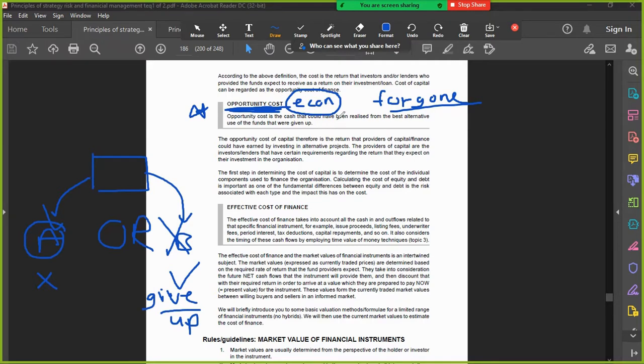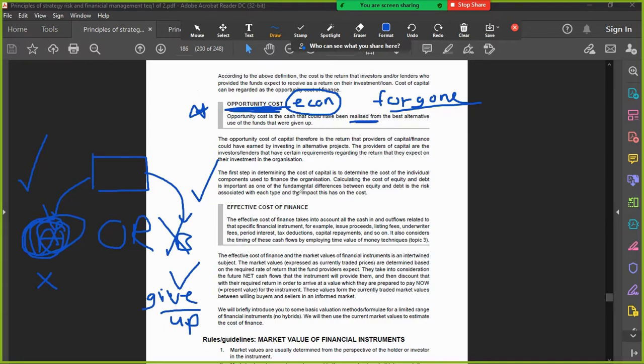In other words, it's something that will be realized when you choose something over something else. In finance, they often take that into consideration because a decision to go with A obviously has an impact on B, and if I lose out on B, I need to take that as part of the decision making for accepting A. And the same with B. If I choose B, do I know what I'm giving up if I don't choose A?